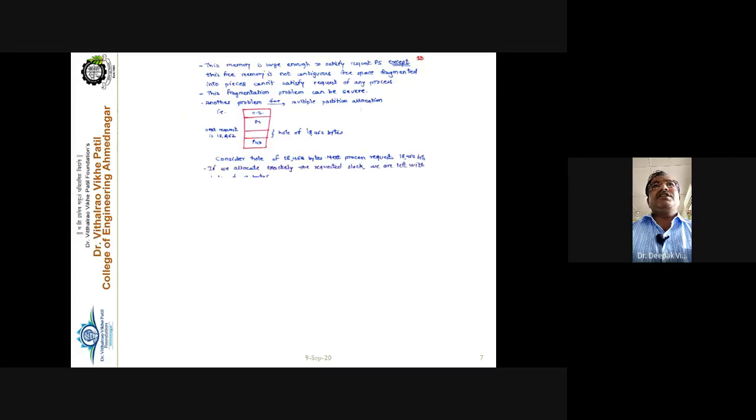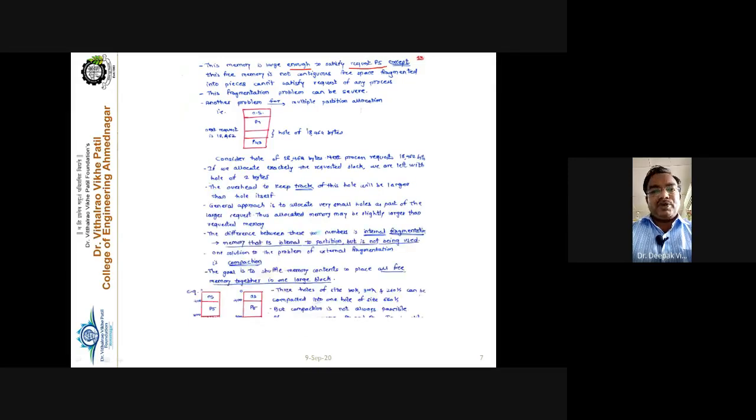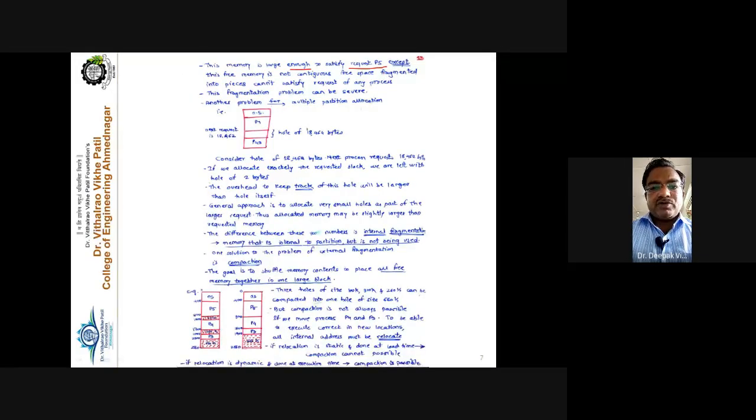This memory is large enough to satisfy the request of the P5 process, because P5 requires only 500K of memory, but this free memory is not contiguous. Free space is fragmented into a number of pieces that cannot satisfy the request of any process.